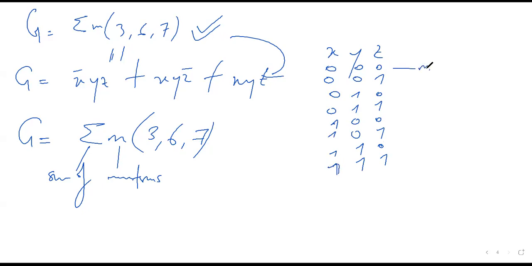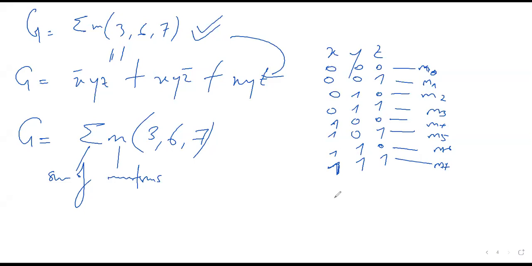This is min term 0, min term 1, min term 2, 3, 4, 5, 6, 7. The 7 represents 1, 1, 1.